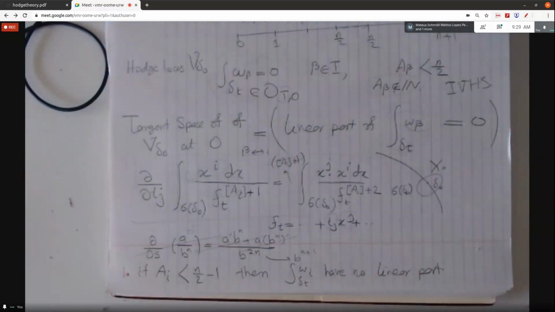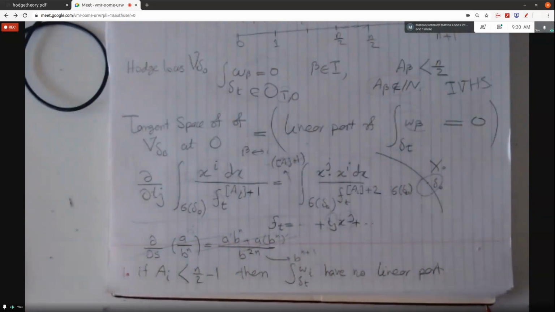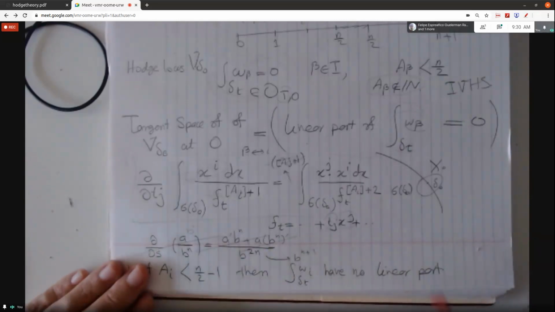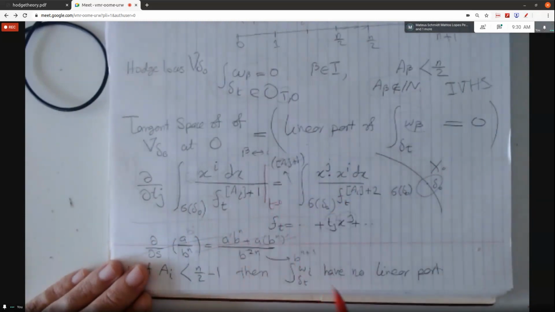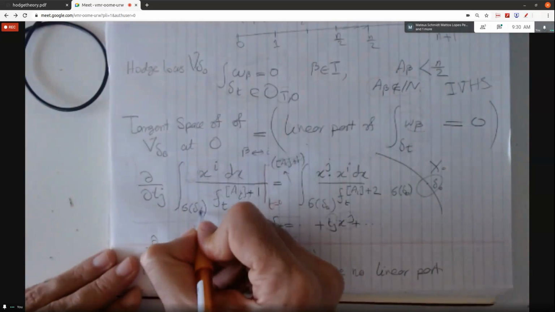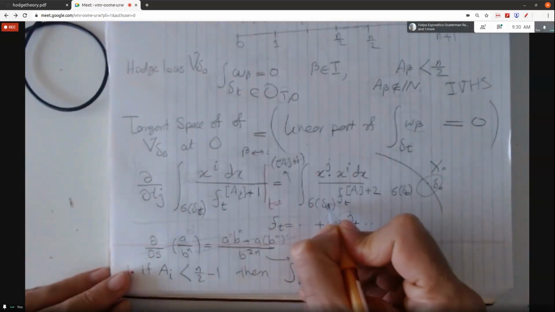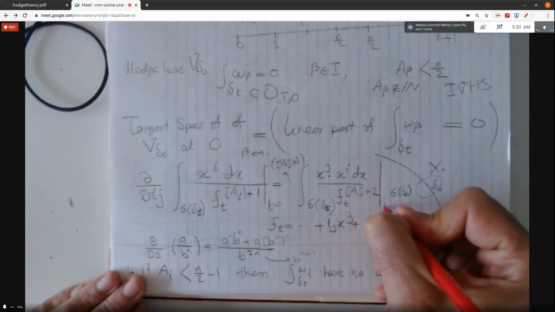And the reason is this one. Since I am trying to compute the linear part, I have to take the derivative and put t equal to 0. Maybe I have to put a t here, and then put t equal to 0.